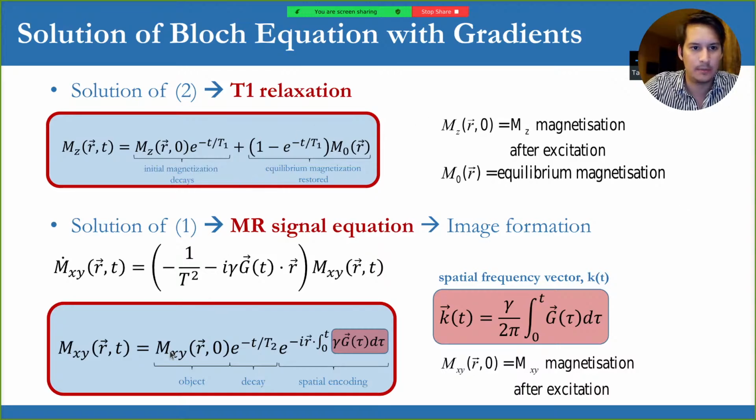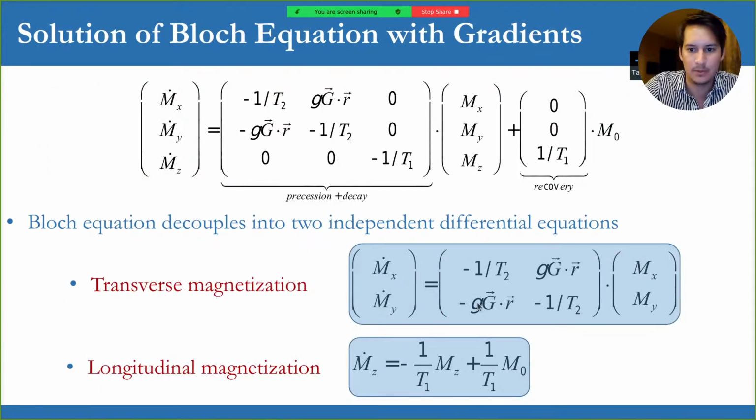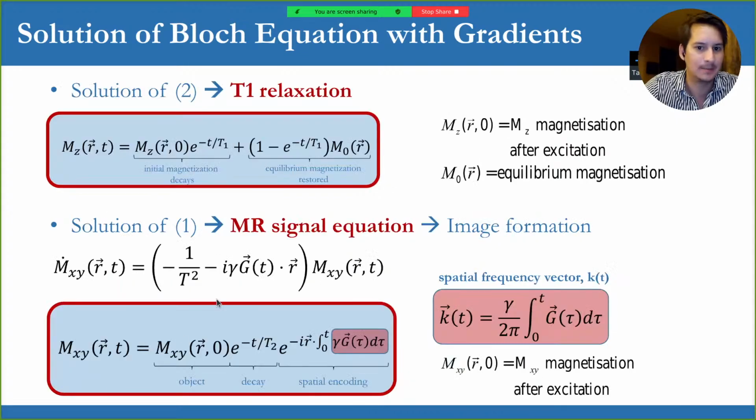And for the transverse magnetization, the equation gets a little bit more complicated. As you can see here, we now have an i, or imaginary component. That's because instead of solving two equations, we are combining them and putting in a new variable, Mxy, which is Mx plus i times My.